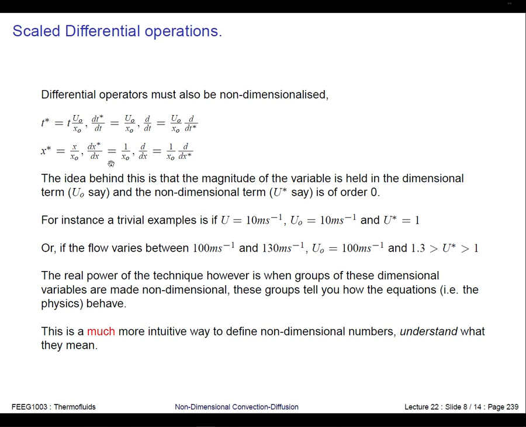So in this case, dx star by dx is 1 over x0, and remember, x0 is a constant, so it doesn't vary in space, and so I can rearrange this little equation to have a relationship between my dimensional d by dx term and my non-dimensional d by dx star term. And so here my 1 over x0 is my kind of scale.